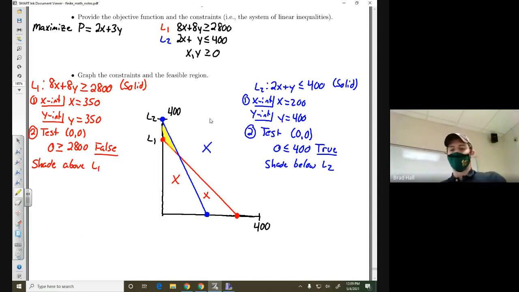I don't know if it's hard to see. Hopefully the X's in the other regions make the shaded region a little bit more visible here. But that gives us 3 corner points. Two y-intercepts and a point of intersection, which I filled in black to distinguish them from everything else going on.